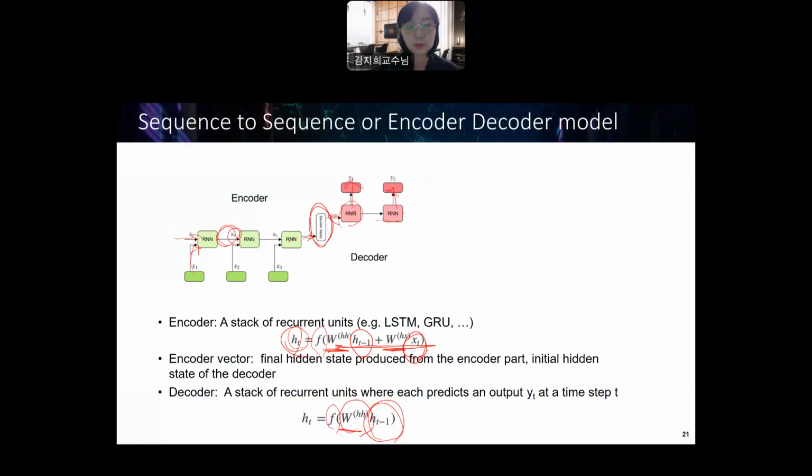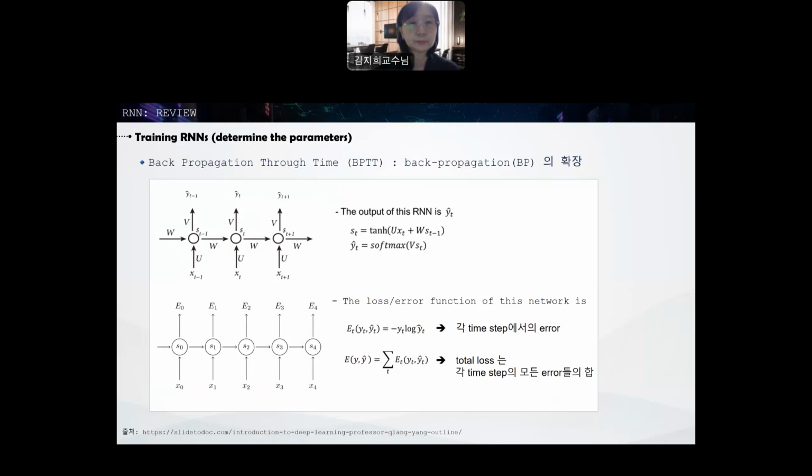And this will be some activation function, and we'll have a next state, but also we'll create an output from the state. So this is more like a review of RNN.